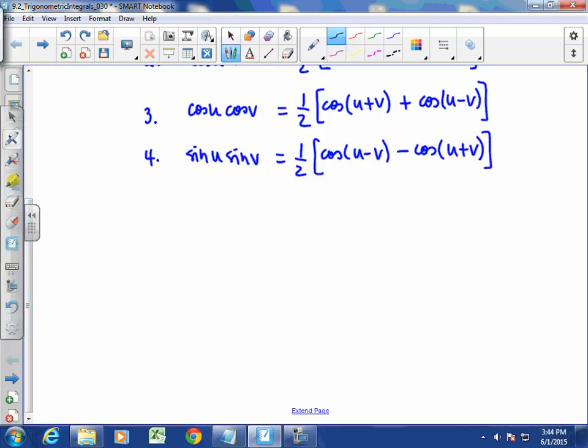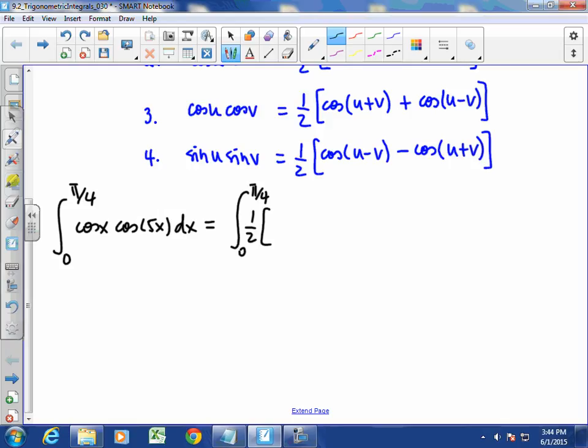remember we are dealing with the integral from 0 to pi over 4 of cosine x cosine 5x dx. So that means we will replace cosine x cosine 5x with 1 over 2 parentheses.